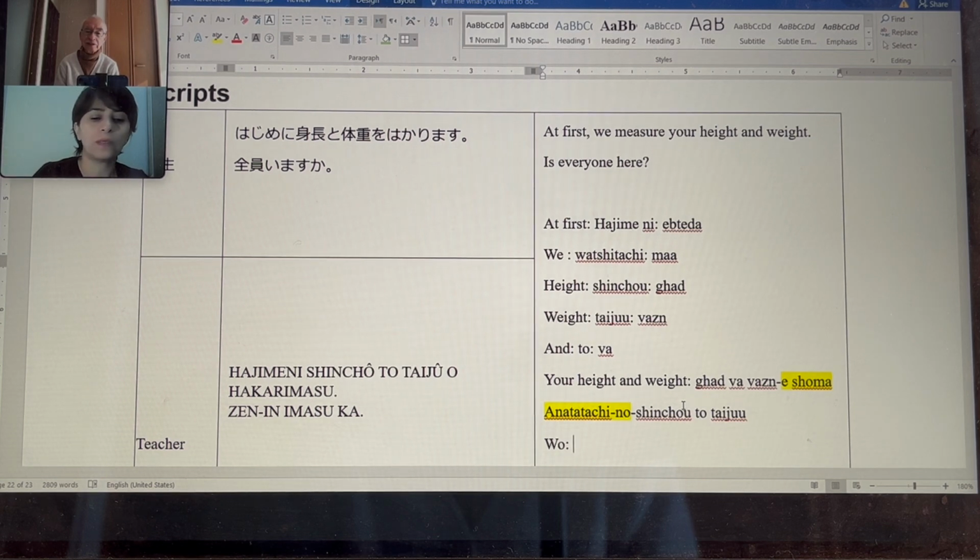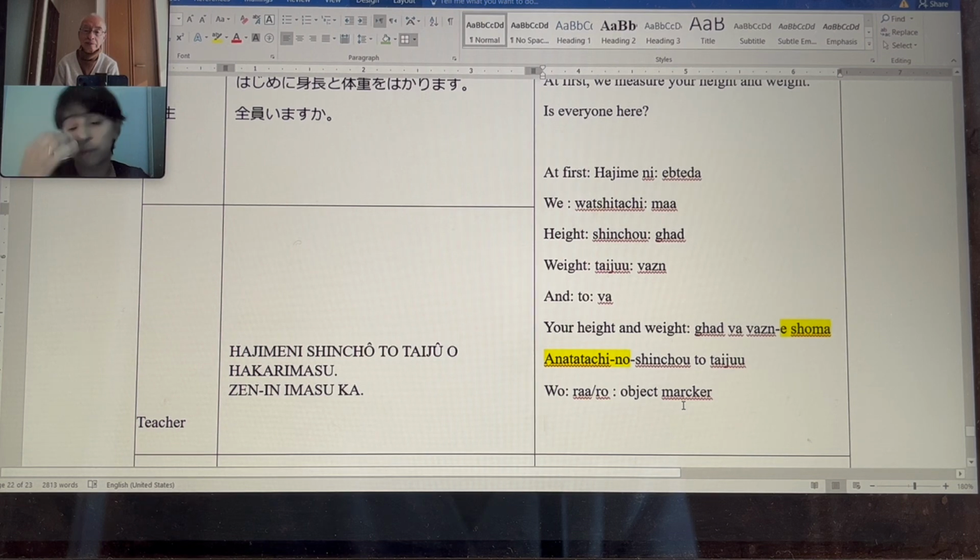So this O is like the object marker, in Persian it is ra. Sometimes we say ro, or ra. It is basically conversational. This is the object marker. In English there's no object marker.